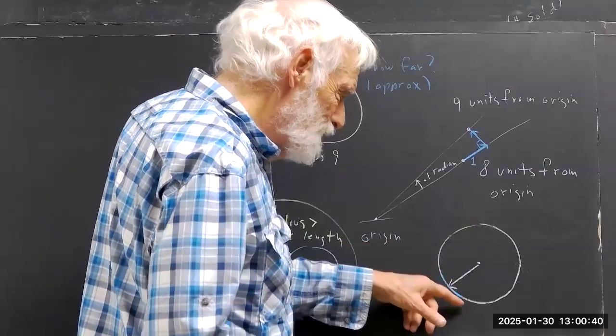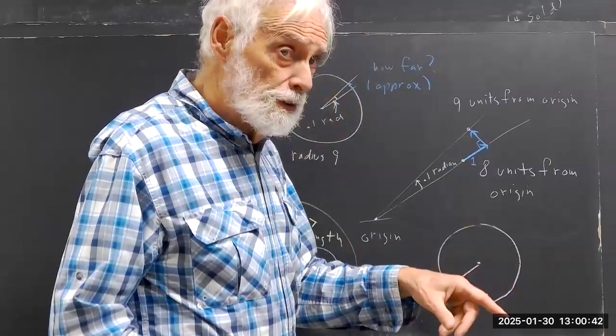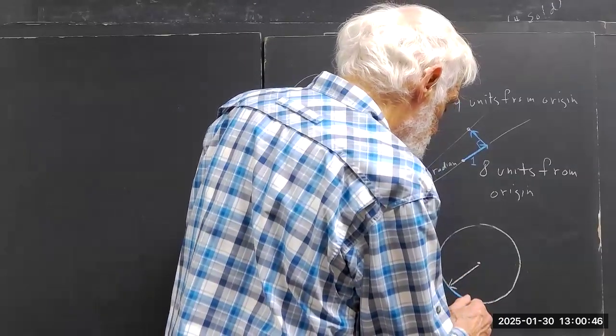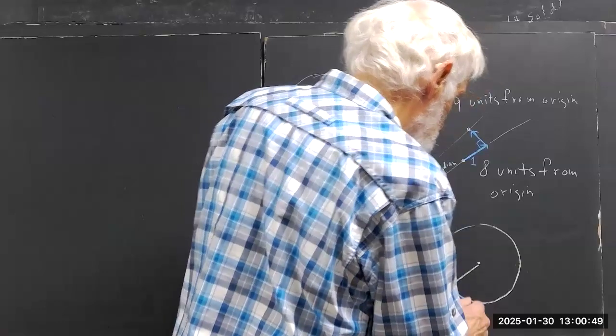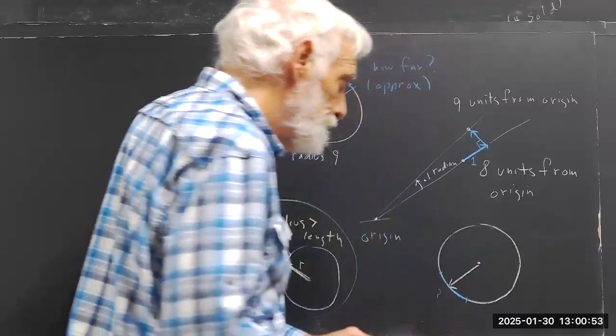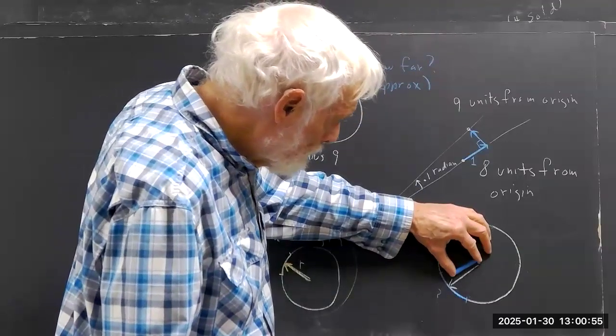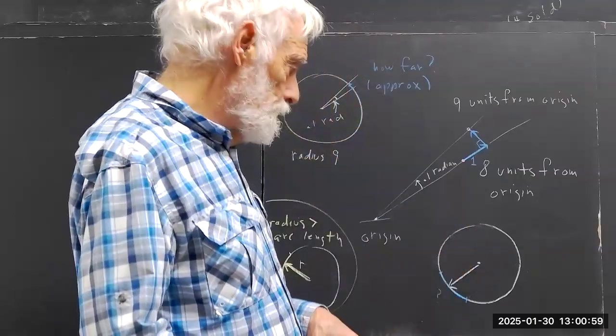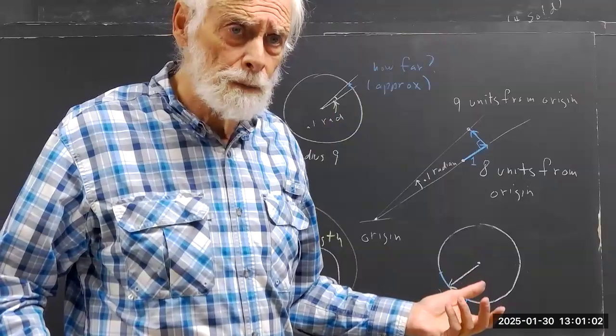And the straight line distance is still pretty close to the arc distance, right? But of course, the bigger the arc is, the less so. So maybe here. Okay, so there we have it. I might have gone a little too far, but that's in the right ballpark.